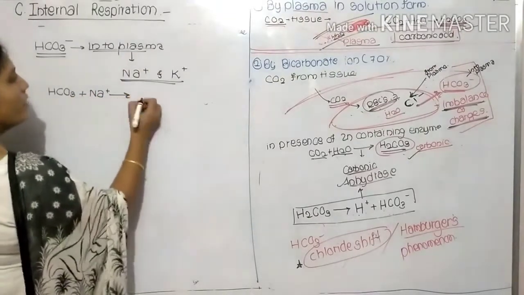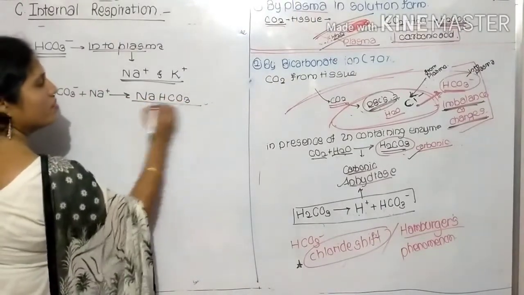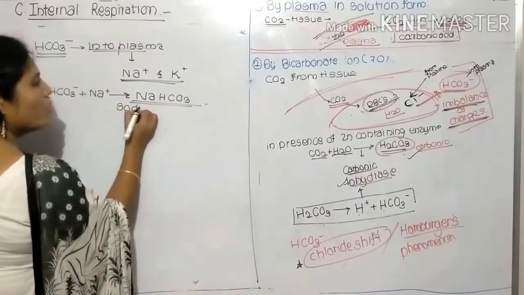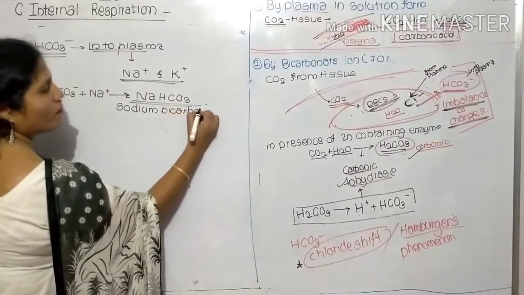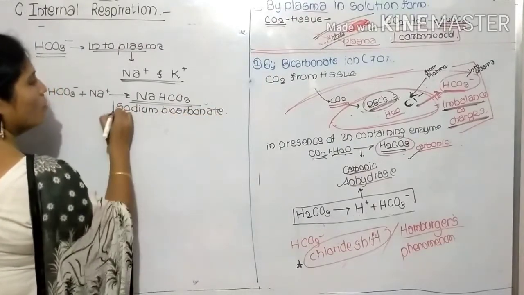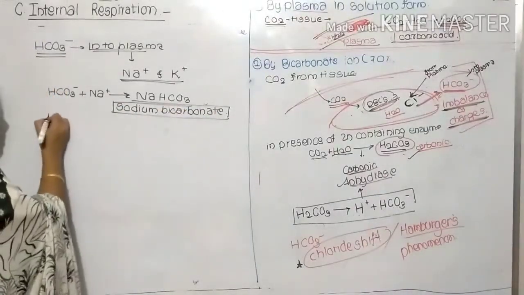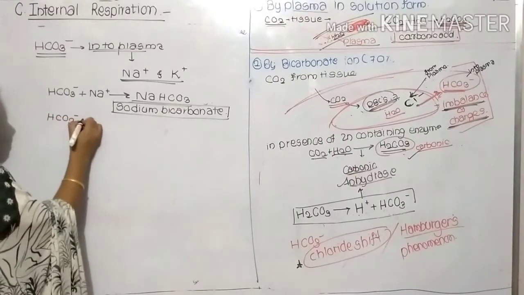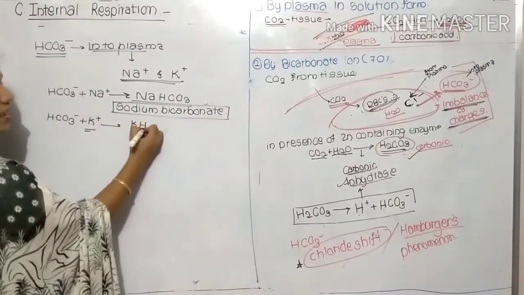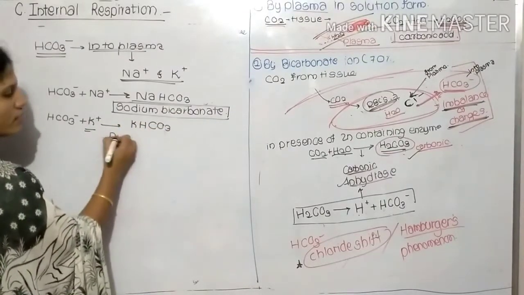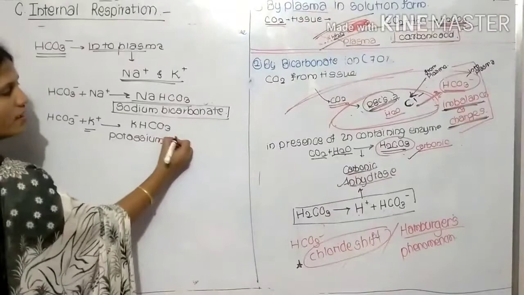What does it form? It forms NaHCO3. It forms sodium bicarbonate. Inside the plasma, it remains in the form of sodium bicarbonate. As well as it combines with potassium in the plasma. It forms KHCO3, which is known as potassium bicarbonate.